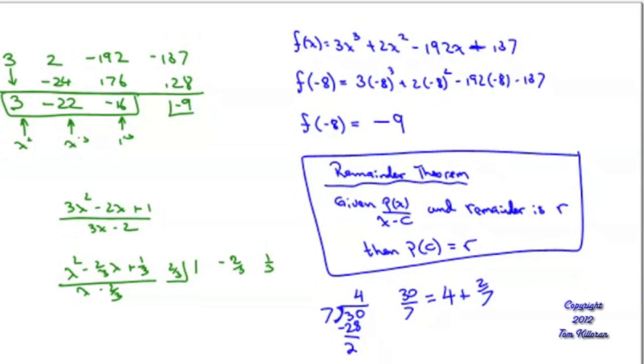Yes. Okay. If there was no remainder, like 7 goes into 35, how many times does 7 go into 35? 5. 5 times 7 is 35. It goes in, what do we call it? Evenly. It goes in evenly. So if we set this up, my answer would be 35 divided by 7 is equal to 5, and no remainder.